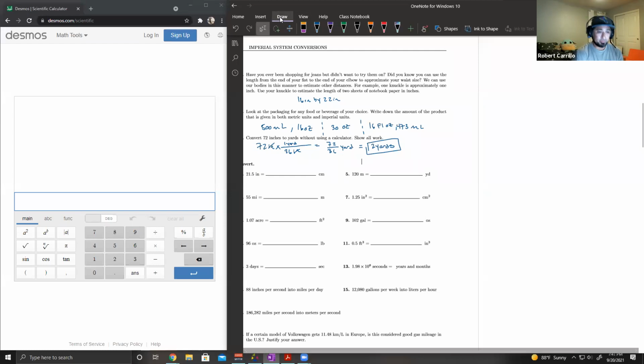Okay, perfect. Number 1 says 21.5 inches, and we want to convert it to centimeters.